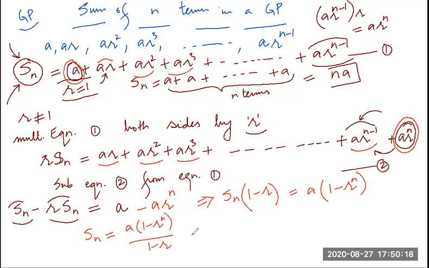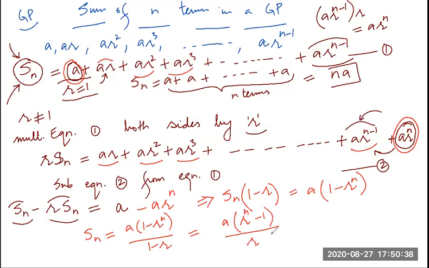Well, you could also remember it. Depends upon your mapping techniques in your brain, how you remember the formula faster. Take minus common, it becomes A into R raised to power n minus 1 divided by R minus 1.